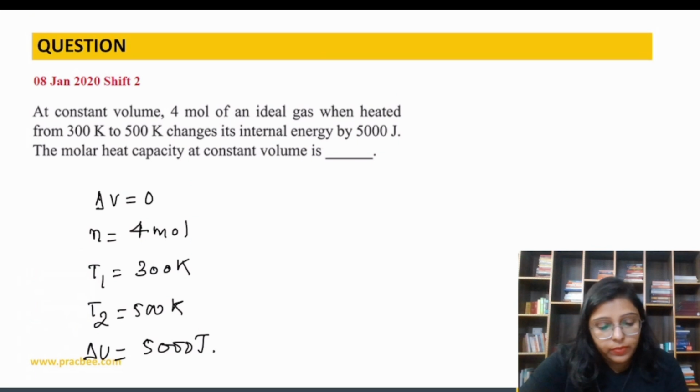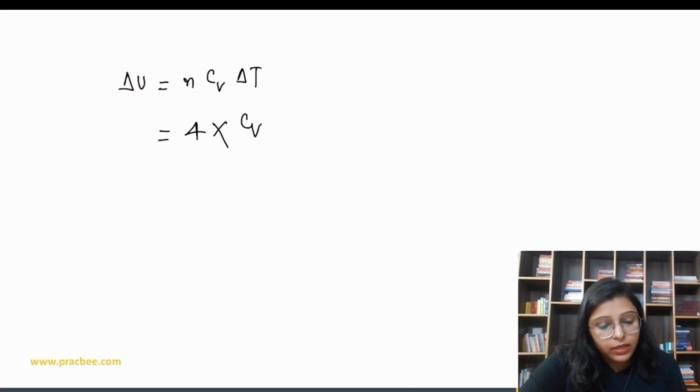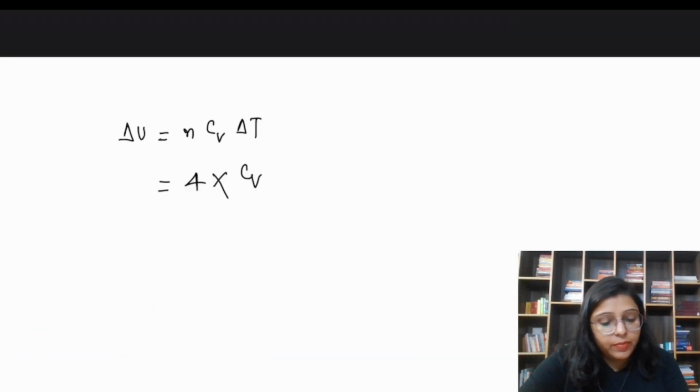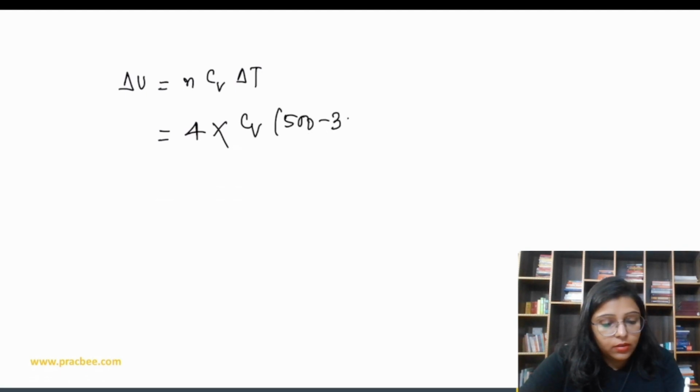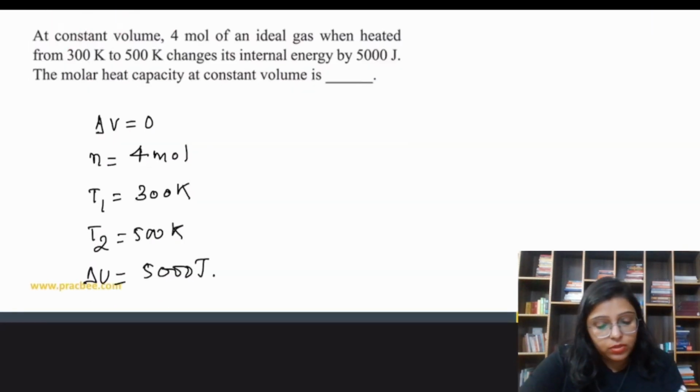Cv we have to find out. Delta T is 500 minus 300 and internal energy change is equal to 5000.